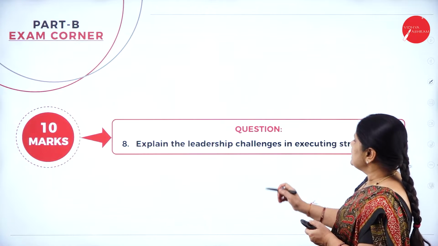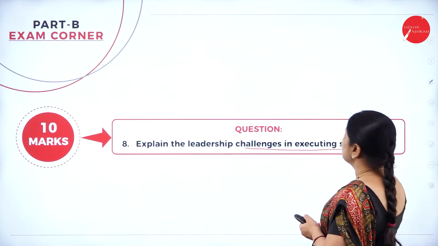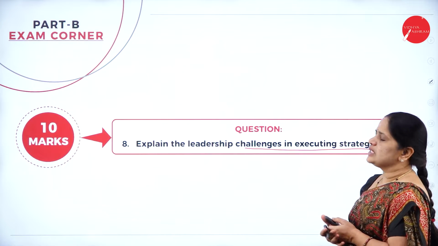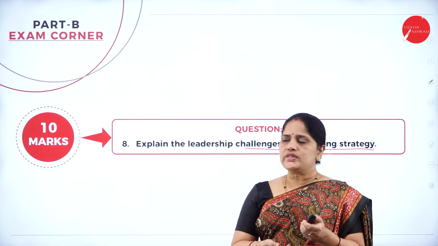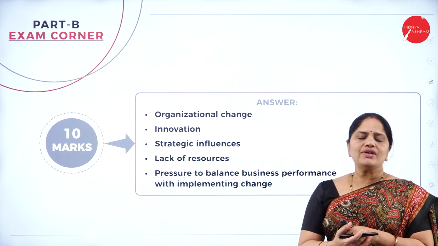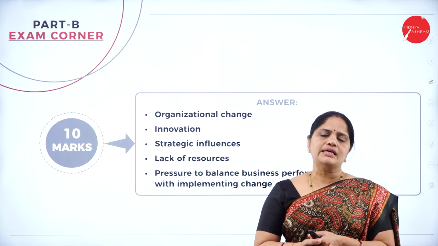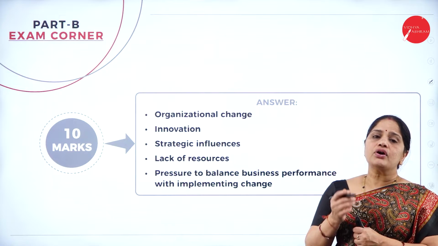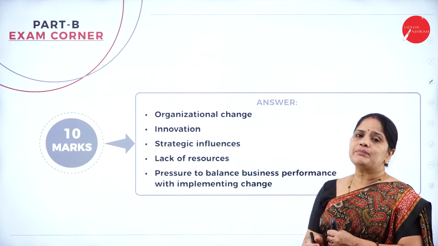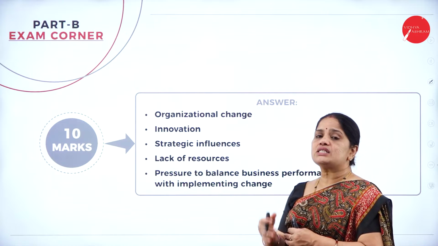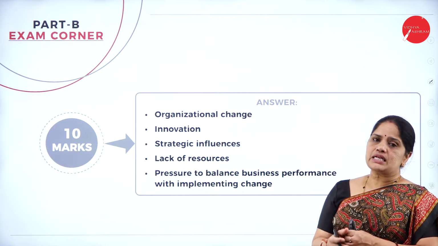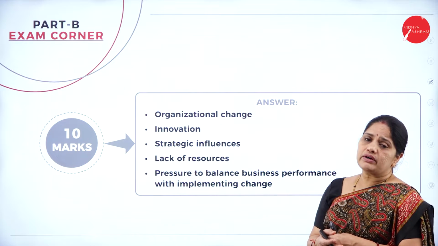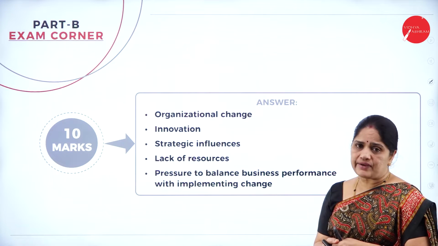Then explain the leadership challenges in executing the strategy. We all know that strategies are the plans for the future of the organization. When we strategize for the entire organization, it is essential to put it into implementation to see that these strategies are implemented. Now, when you are implementing the strategy, what are the challenges which the leaders have to face?